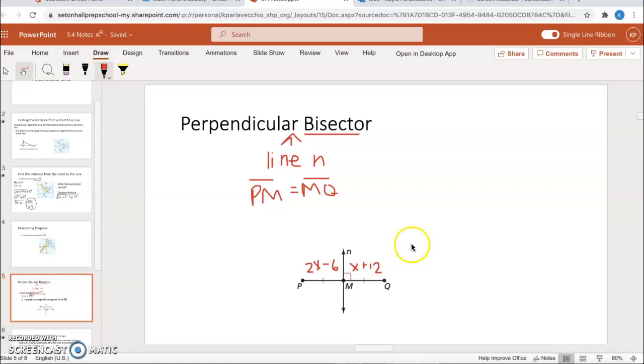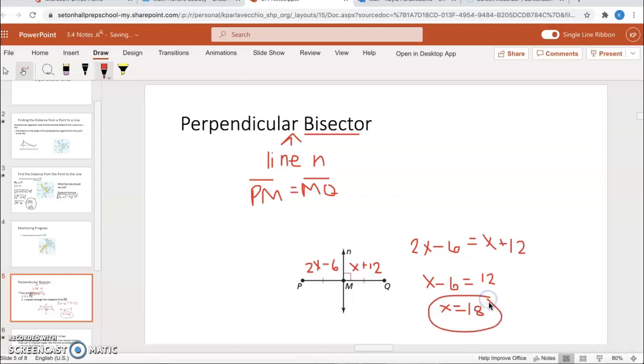If I wanted you to solve for x, you would set both of those expressions equal to each other. And remember back to chapter 1 when we dealt with bisectors. To solve for x, I'd subtract x this way, so I'd have x minus 6 equals 12, or x is equal to 18.